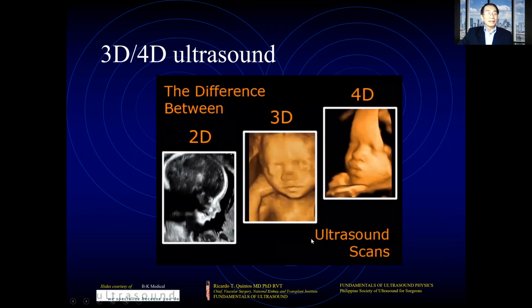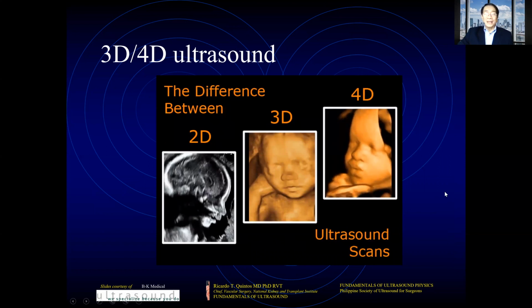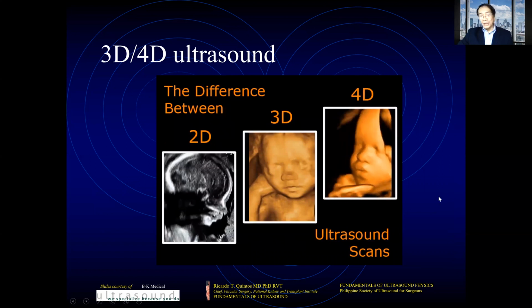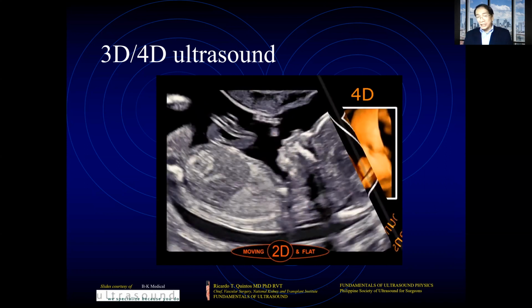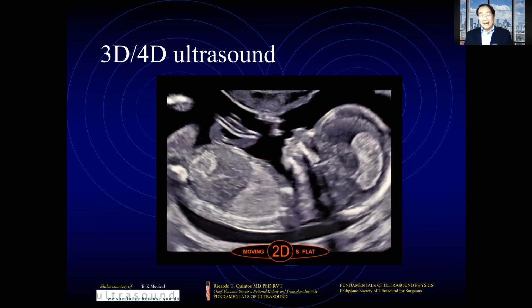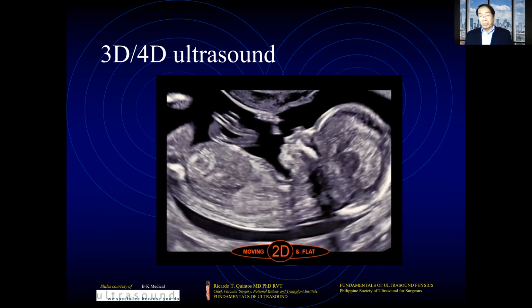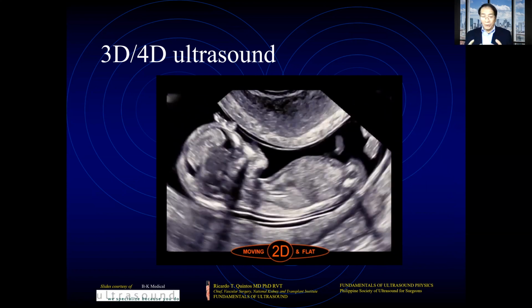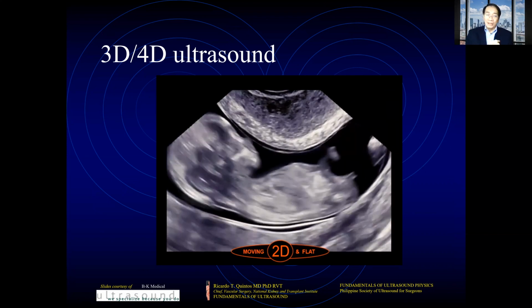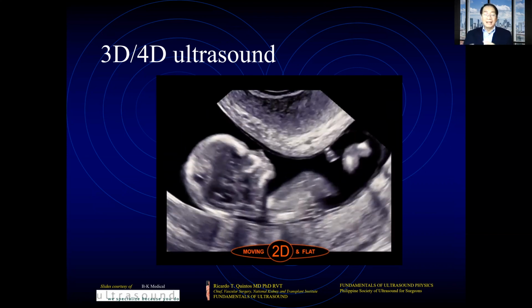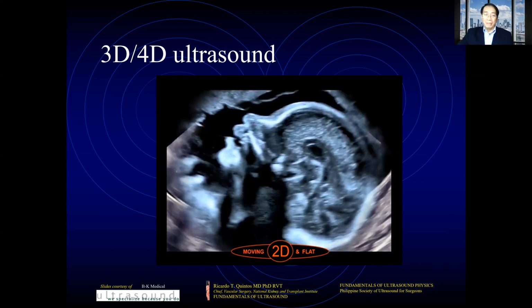you will have here what is called the 3D and 4D ultrasound, which is really not just a duplex, but more computing power applied to two-dimensional images, where you create a sweep and it creates a 3D image.